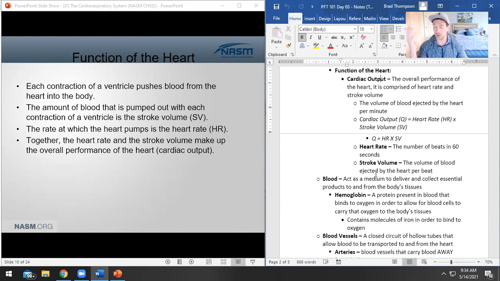So you're able to save 1 heartbeat, which means your heart rate is going to go down a little bit because your stroke volume has gone up a little bit. So you're more effectively delivering the same amount of blood, but your heart's doing less work.